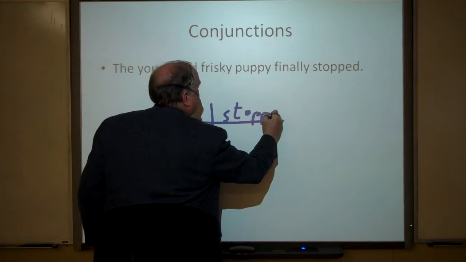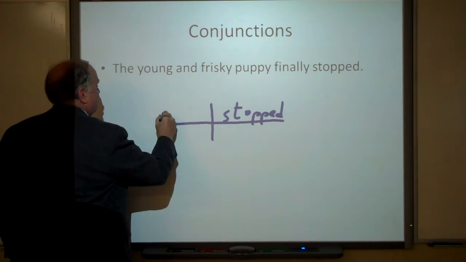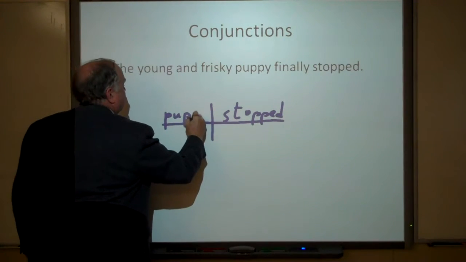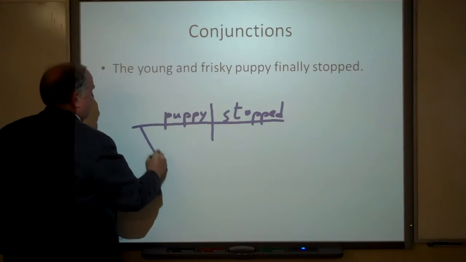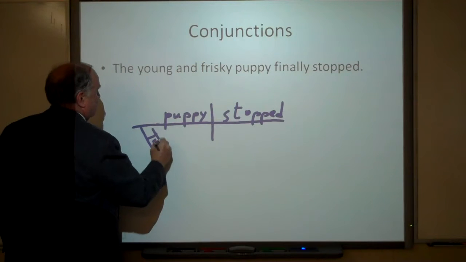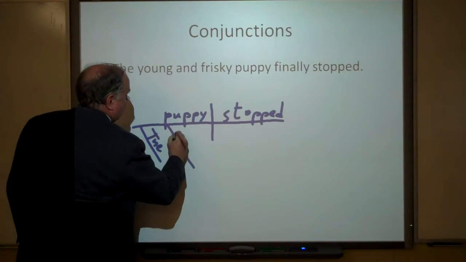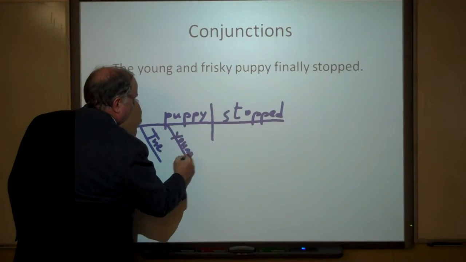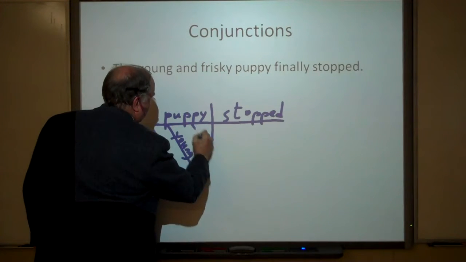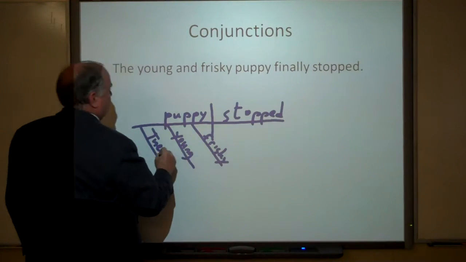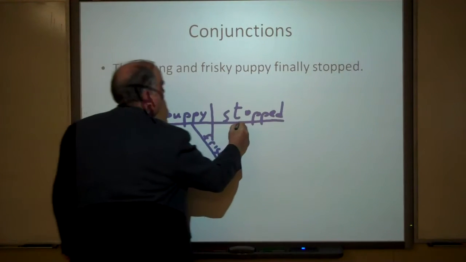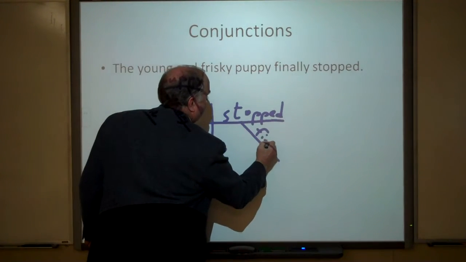Stopped is the verb. Puppy is the subject. Probably have to make this a little bit longer. The modifies puppy. Young modifies puppy. Frisky modifies puppy. And finally modifies stopped.